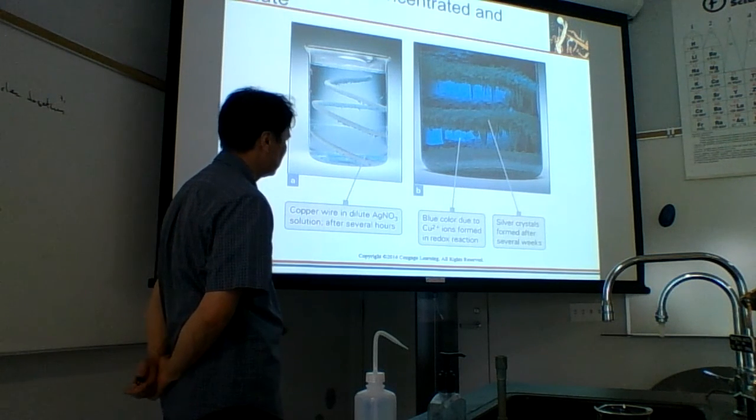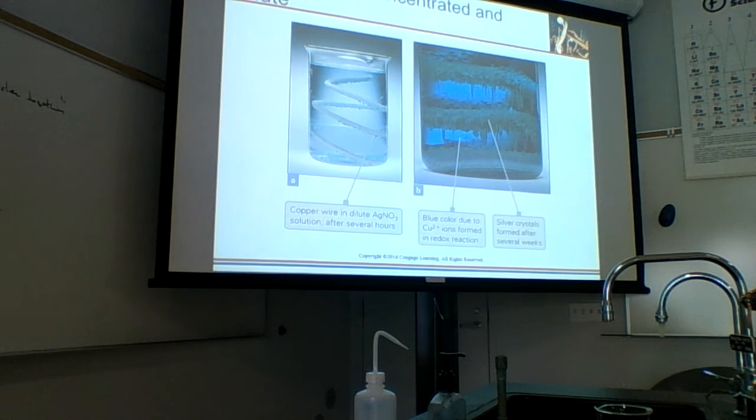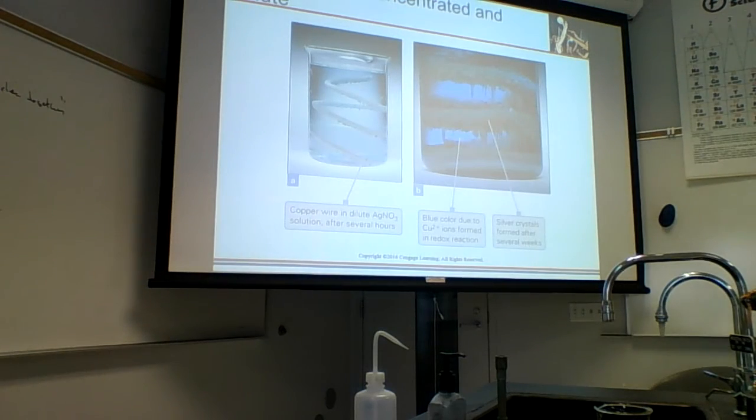There's a reaction there. Let's take a look at that reaction here since we're doing our review. Chemical reactions. Let's figure out what reactions take place there. So what's the formula for copper wire?